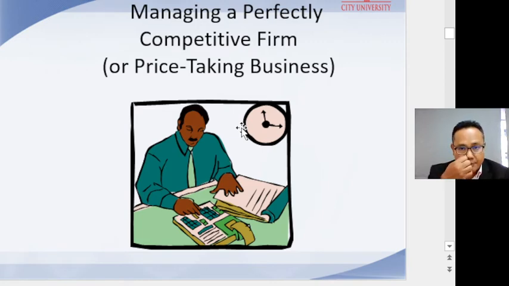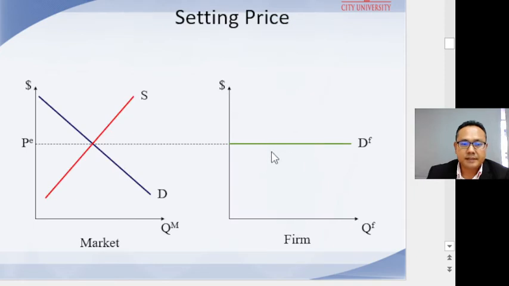In order to manage a perfectly competitive firm, we have to set the price the same as the market price equilibrium. And the market price equilibrium is determined by the cross section between supply and demand here.